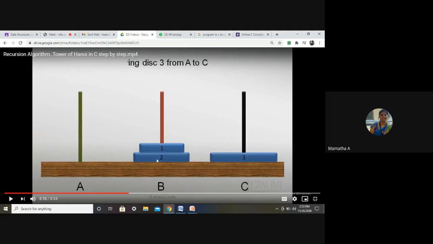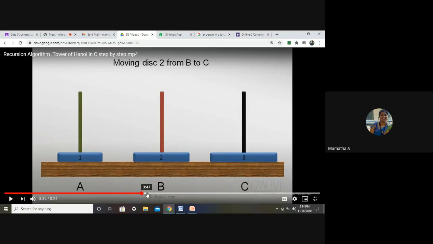I should move from B to C using which peg? Source peg. So what is the movement now? Move 1 from B to A. Yes, very simple.